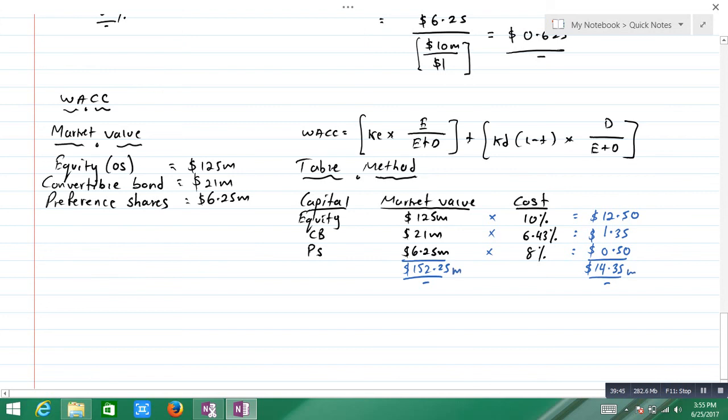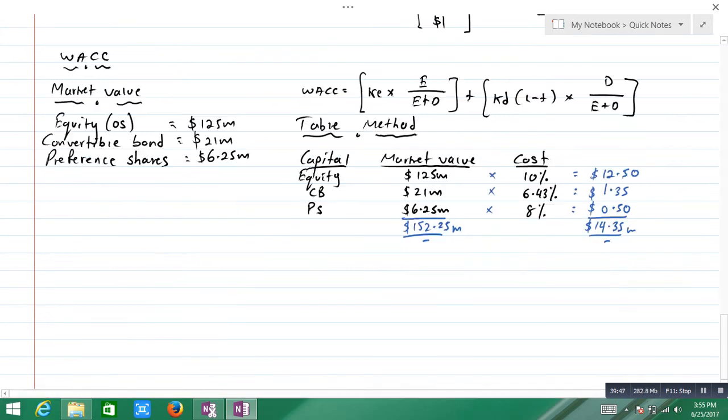So that will be our final answer for the WACC. That is our WACC, or in other words, that is our cost of capital. Weighted average cost of capital, so that's your cost of capital.